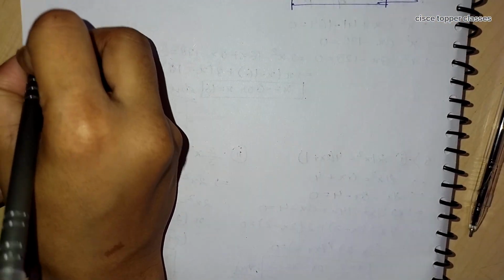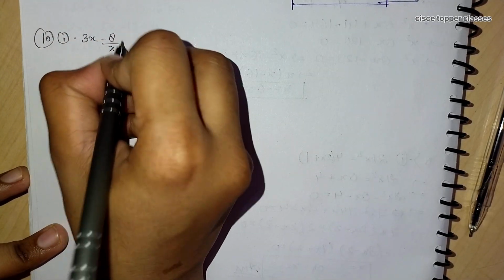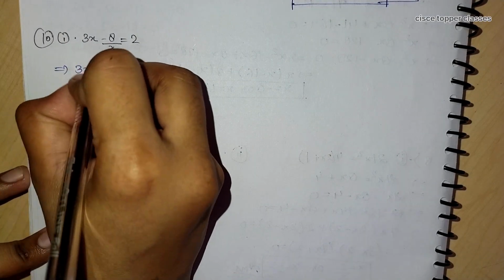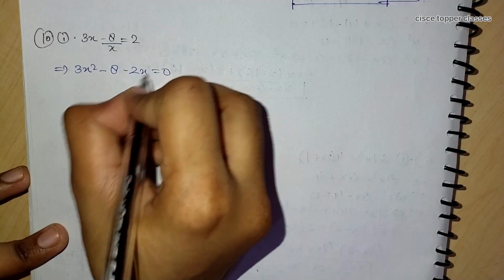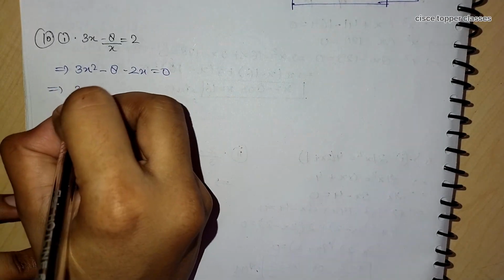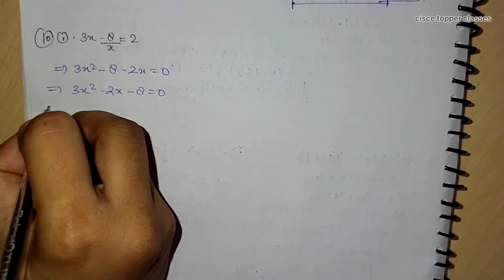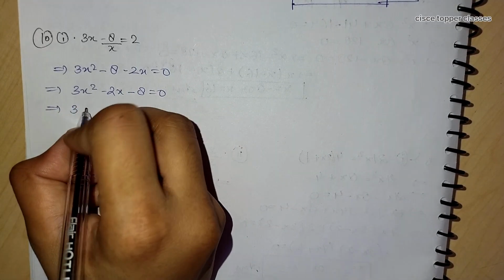Now let us solve 10th first part, which is 3x minus 8 by x equal to 2. So it will be 3x square minus 8 minus 2x equal to 0. So it will be 3x square minus 2x minus 8 equal to 0. Here we can simply write as 24 is the thing.